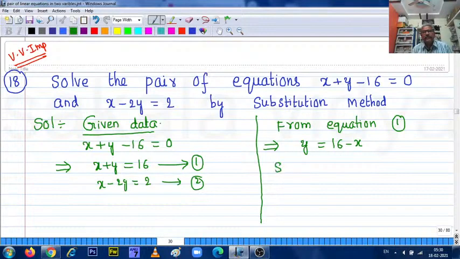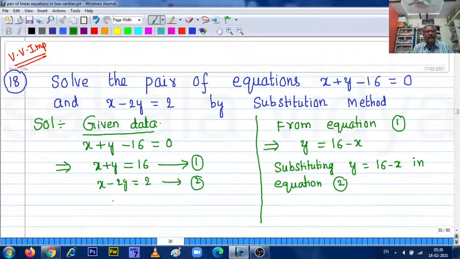So in the place of y in the second equation, write down 16 minus x.